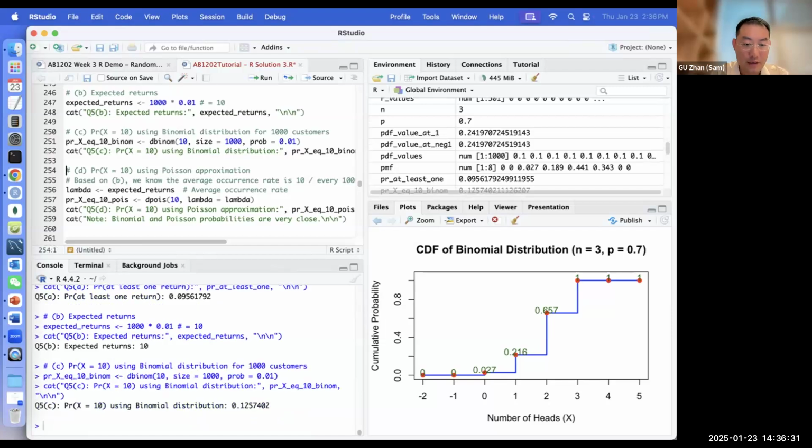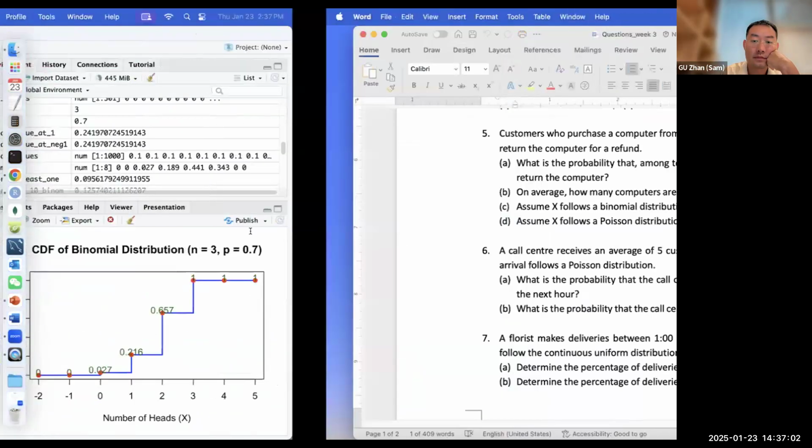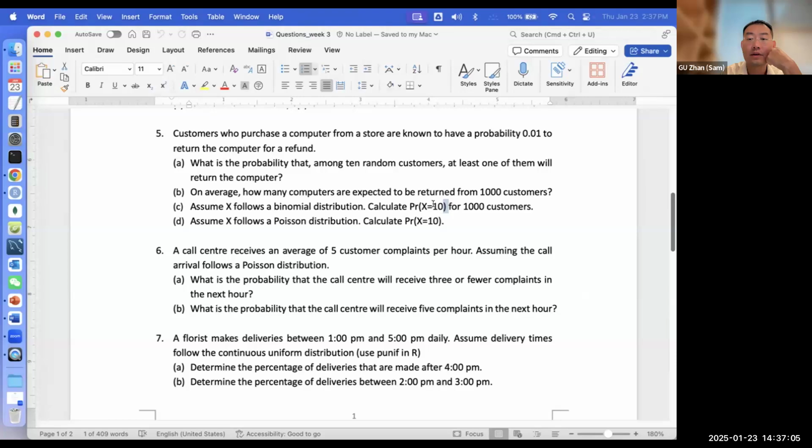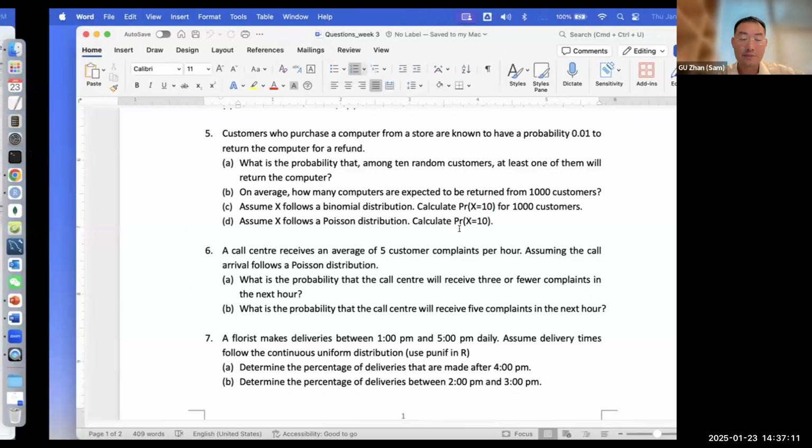It is 0.1257. So we need to start to use the R code, because X equal to 10, exactly 10. That's why we're using a probability mass function. They want you to calculate X equal to 10, exactly 10 returns for 1,000 customers.